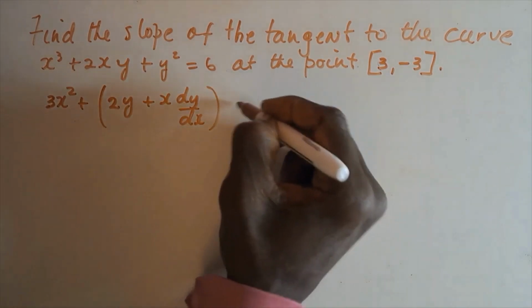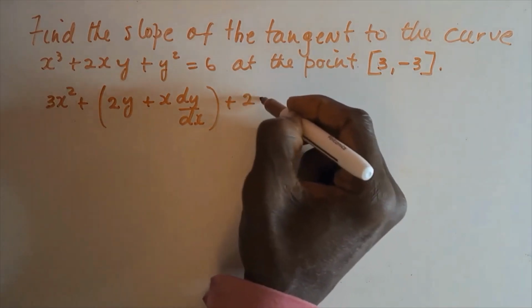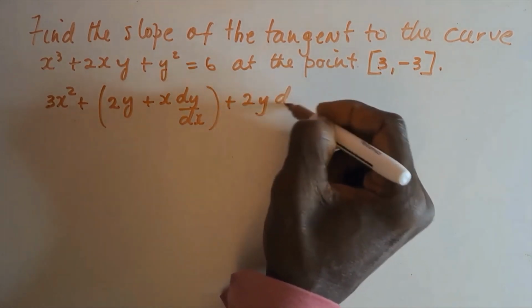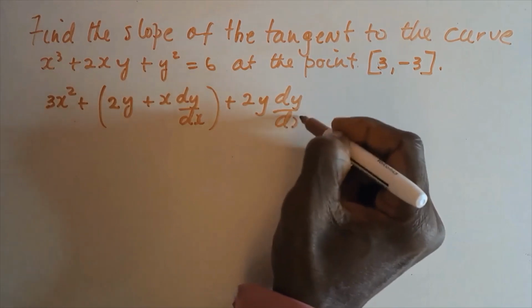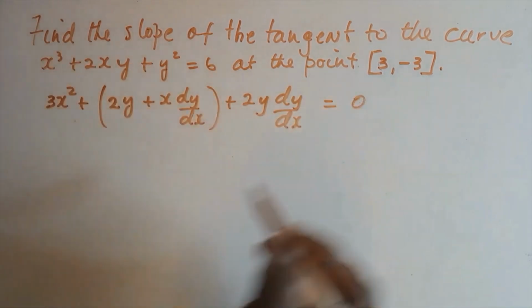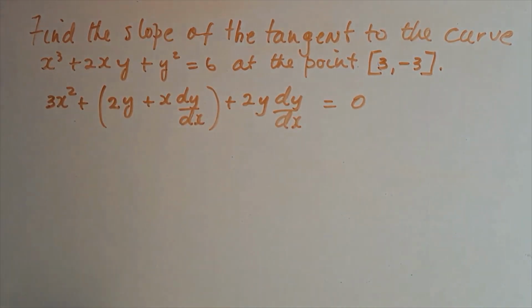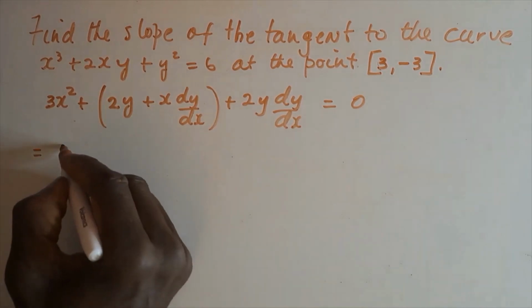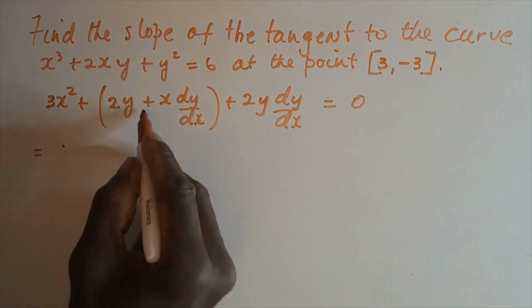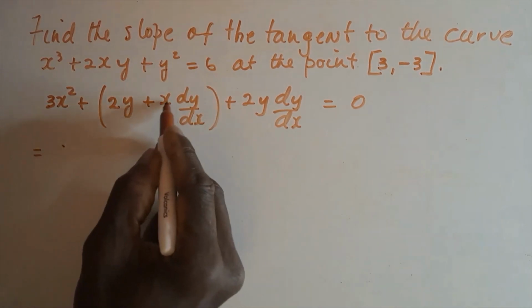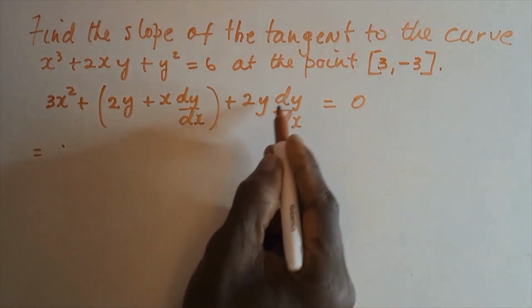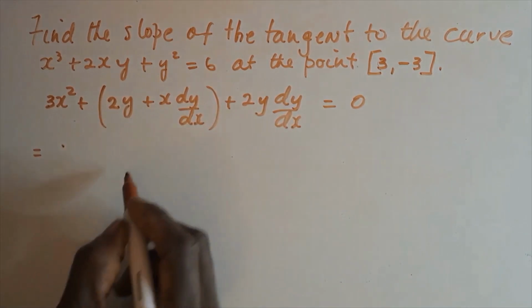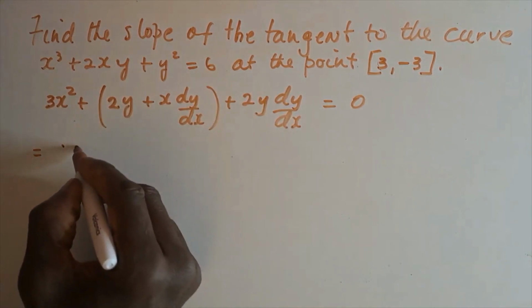dx add 2y dy dx is equal to 0. And now we can factorize this. We have this x and 2y multiplied by dy dx, so we can put that separately.